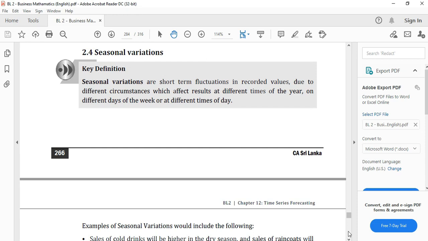Seasonal variations are the changes that occur due to the season, maybe summertime, winter season, rainy season. Because of those seasonal factors, changes may occur.